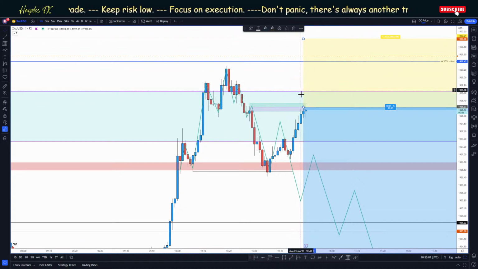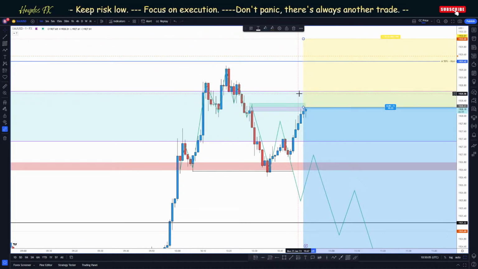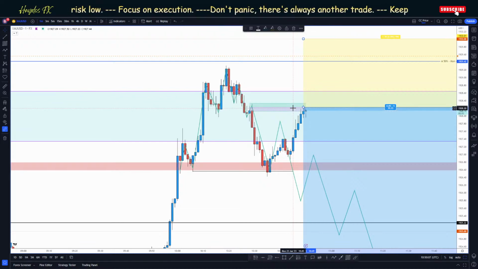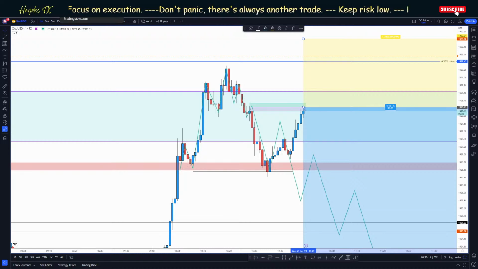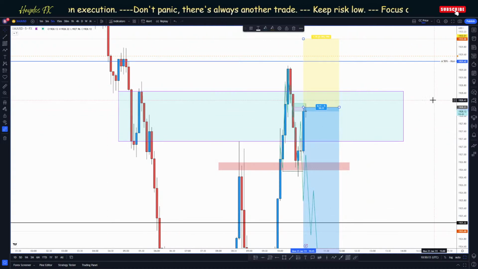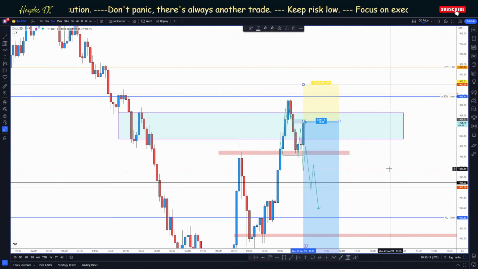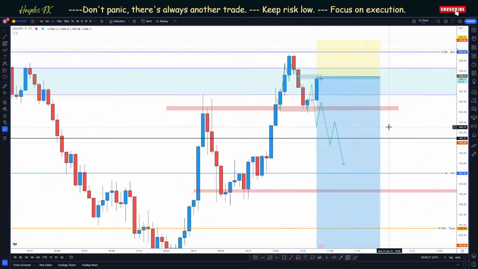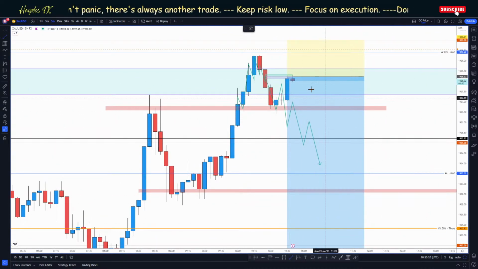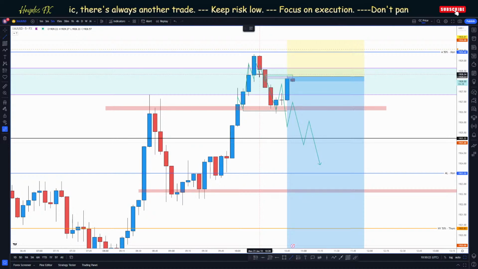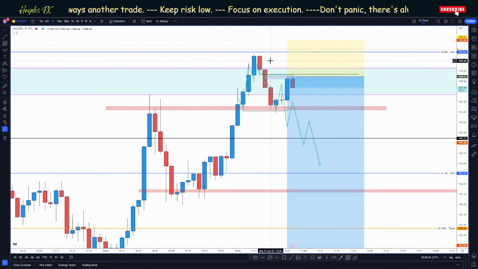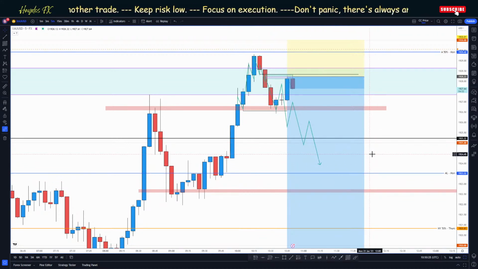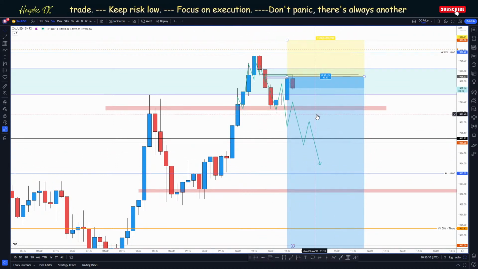Gosh, the 1 minute looks like a wide stop loss. Very wide. Okay, running 5 pips up, 6 pips up.